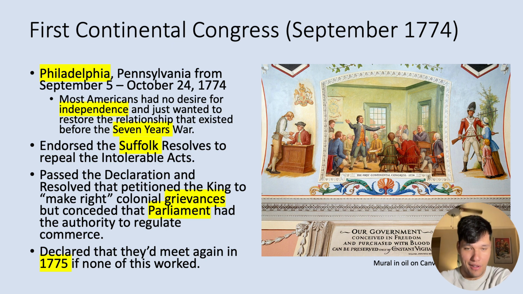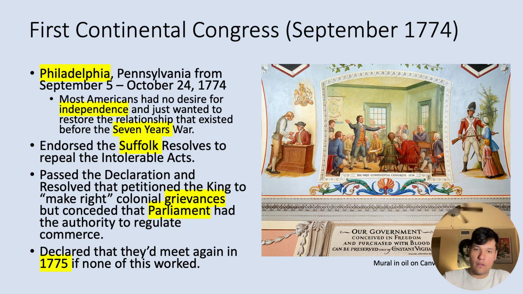So let's go over the first slide, right? Where it's talking about the First Continental Congress in September 1774, right? During this time period, delegates from various colonies gathered in Philadelphia for what became the First Continental Congress. At this point, most Americans didn't want their independence. They simply wanted to restore their relationship with Britain to how it was before the Seven Years' War, which we had talked about last week, right?